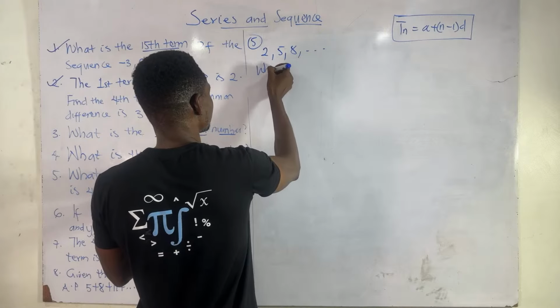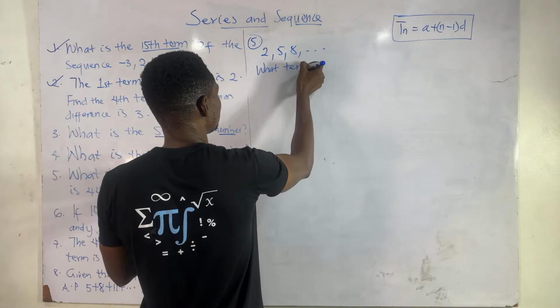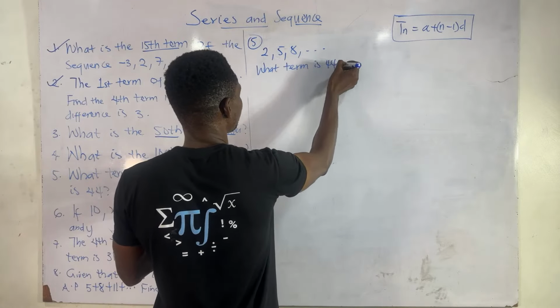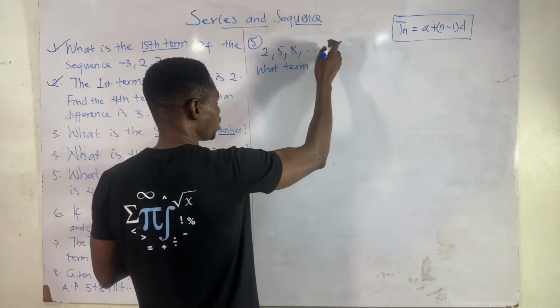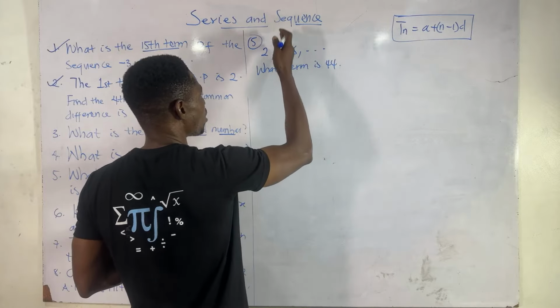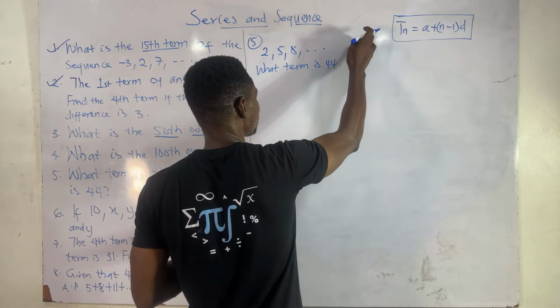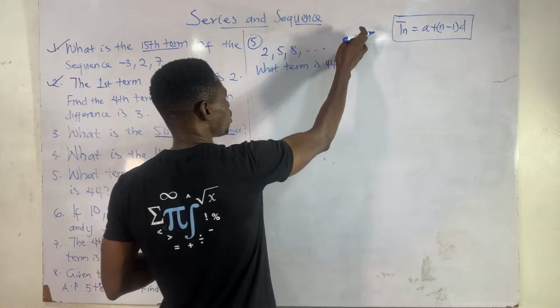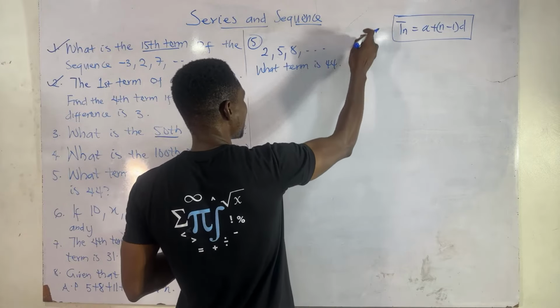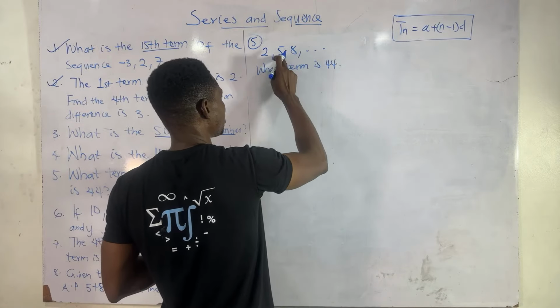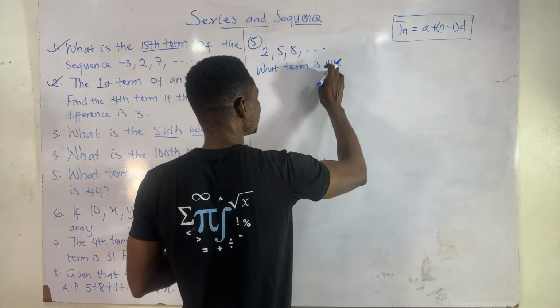So what term is 44 in this AP? So we have 2, 5, 8, and so on. But we'll get to a point that we'll stop at 44. We'll get to a point that the number is 44. So which term is it? Like this is term 1, term 2, term 3. So which term is 44?